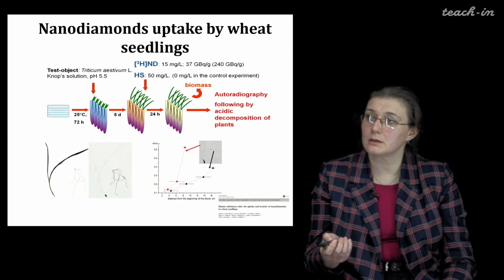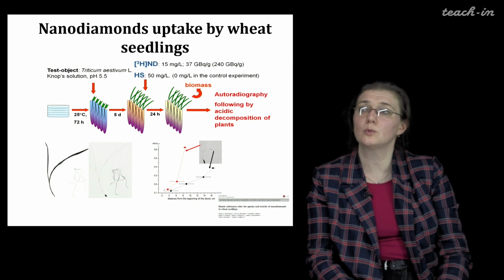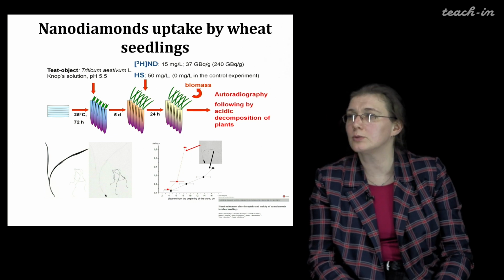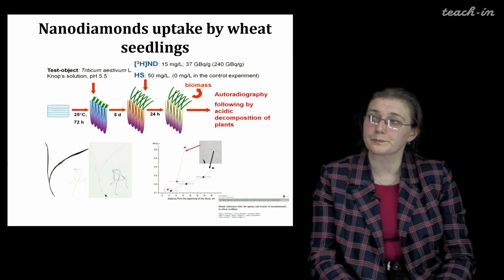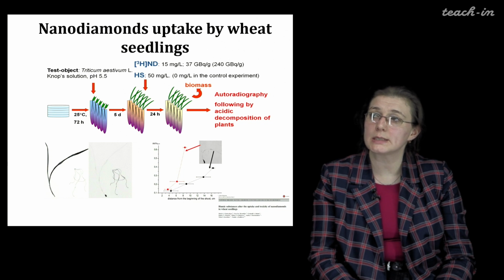And the other example, again with tritium labeled nanodiamonds, is the analysis of their distribution in wheat seedlings.